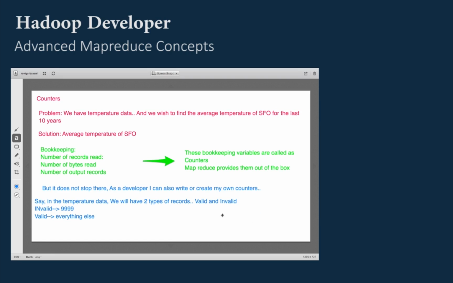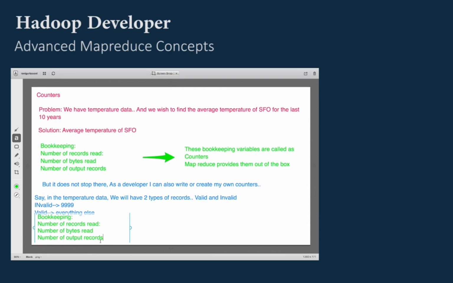In our code, whenever we get a record that was 9999, we initialize the counter and increment it, plus one to invalid, plus one to invalid, and by the end of our program we will get our own counters also.